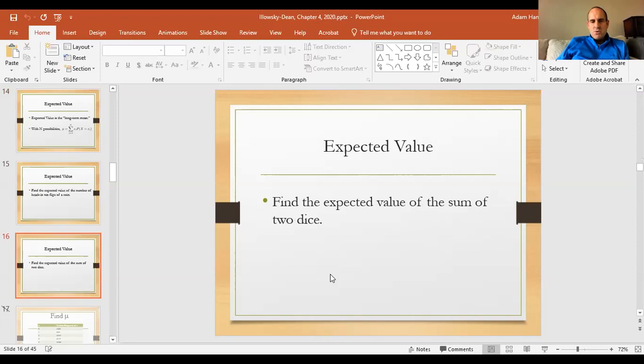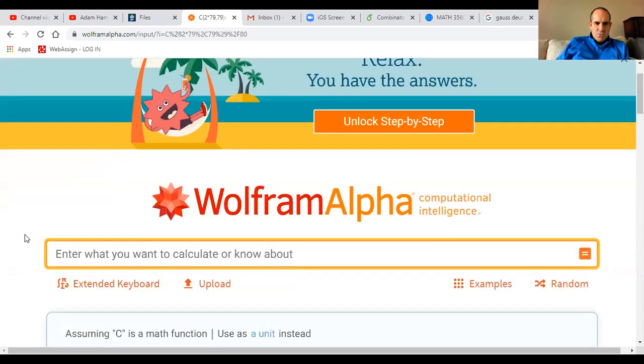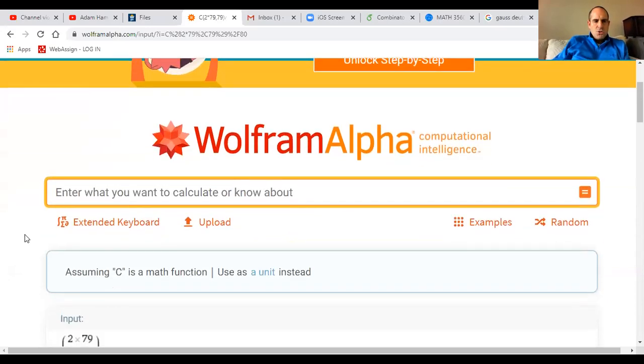Find the expected value of the sum of two dice. Okay? So let's see here. Let's go to Wolfram Alpha. Okay, and I'll remind you as we're doing this computation how it is that we are able to find the probabilities of certain things.